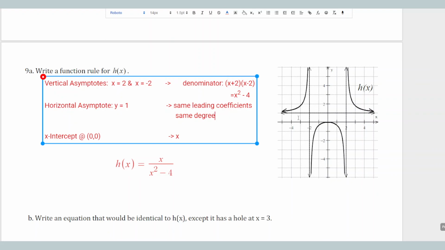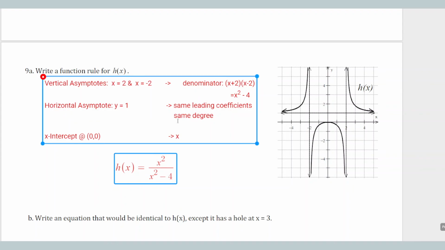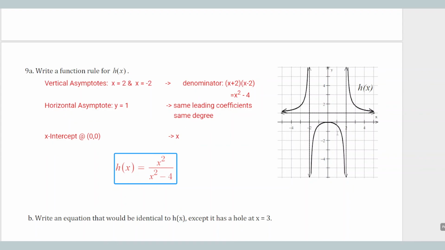I don't have another x-intercept to work with, so the only way for my numerator to have the same degree as the denominator and not alter any of the x-intercepts is to make this x squared. That way I still have my x-intercept at 0, but now I've got the same degrees, the same leading coefficients, so that'll work with my asymptotes and my intercepts and all that. So there's your function. It should be x squared over x squared minus 4.